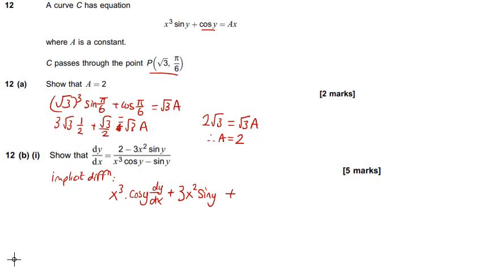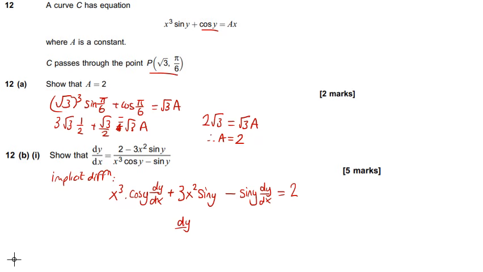And then the next term, cos y, that's going to integrate to minus sine y, and then again multiply by the derivative. And on the right hand side, I've got 2x. Remember, a is 2, so I've just got 2x, so that differentiates to just give 2. So what we need to do here is just collect all the terms.